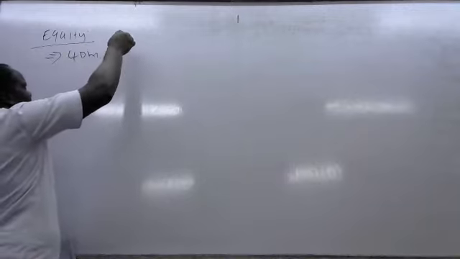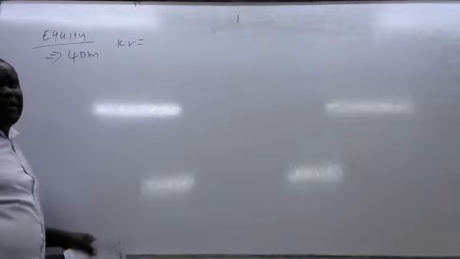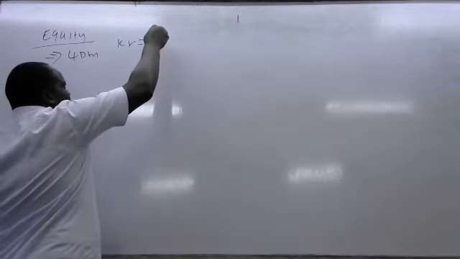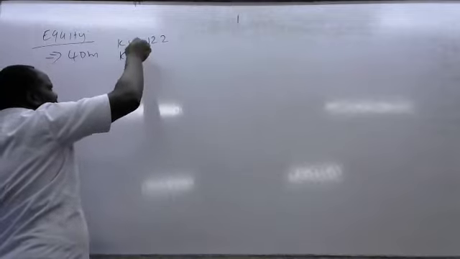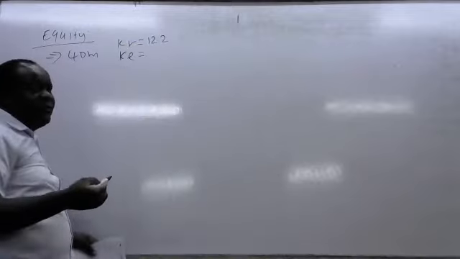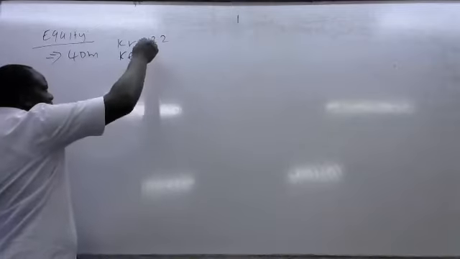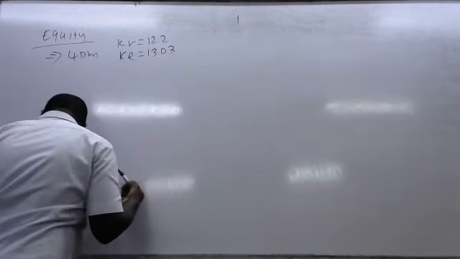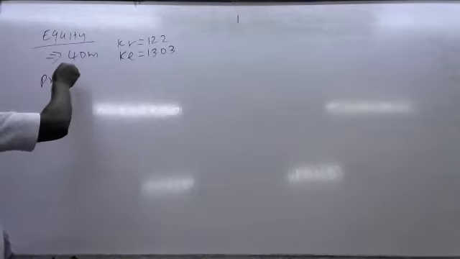Then also remind me what we calculated as the cost for the retained earnings, KR. 12.2. So KE also, remind me what was the cost for the ordinary share. 13.03. Then after that, there are also the preference shares.